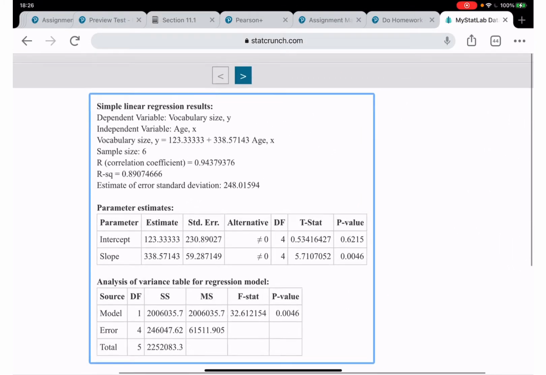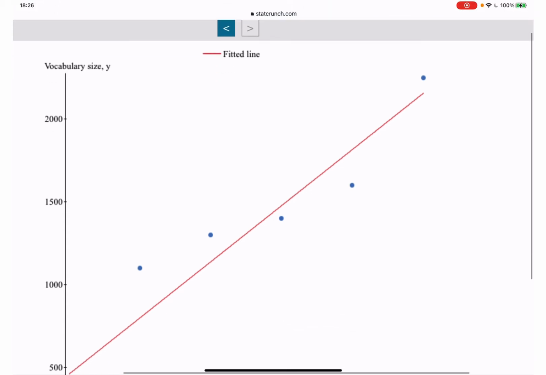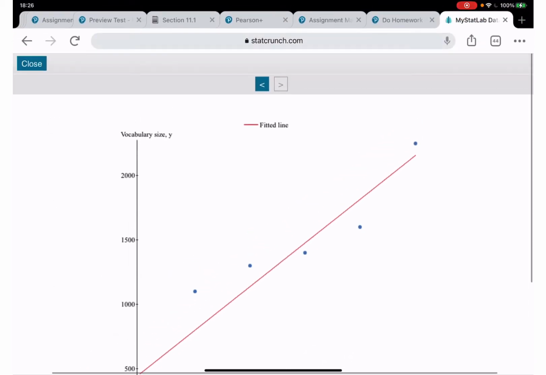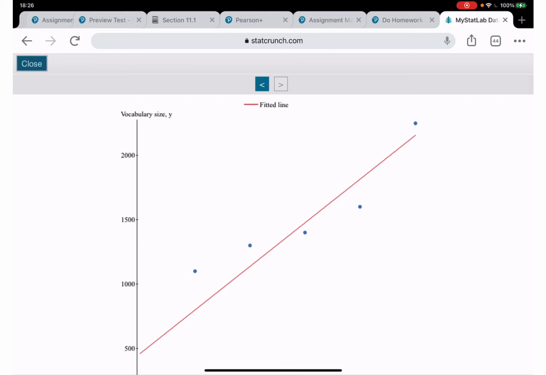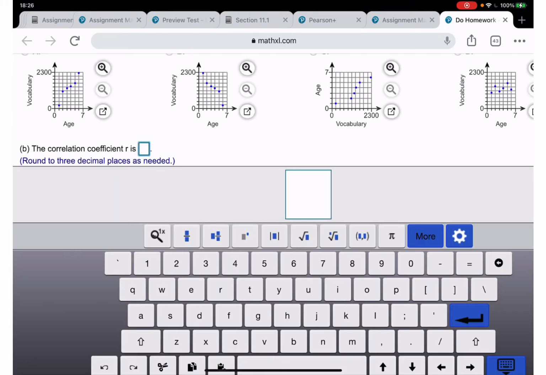Now here, it's what is interesting. If you choose stat and regression, click next page, and you will have your graph. Okay, here it is, the scatter plot graph. All right, going back, closing. Back to here, correlation coefficient. I'm going to put three decimals.